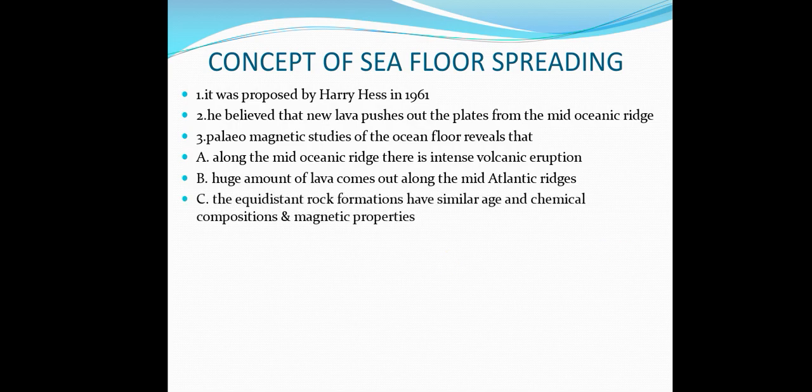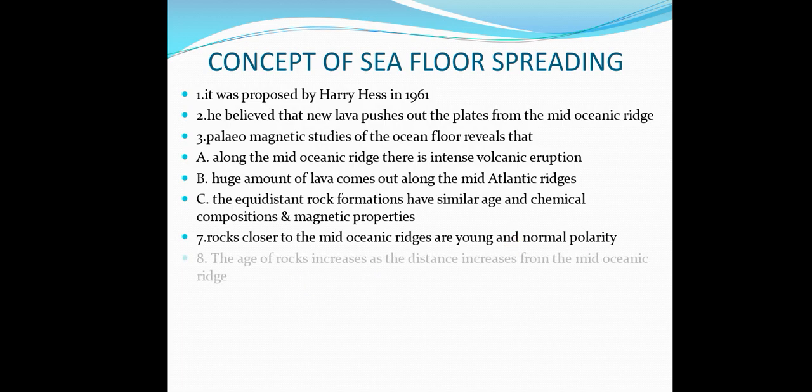The equidistant rock formations have similar age, chemical composition and magnetic properties. Rocks closer to the mid-oceanic ridges are young and have normal polarity. The age of rocks increases as the distance increases from the mid-oceanic ridge.